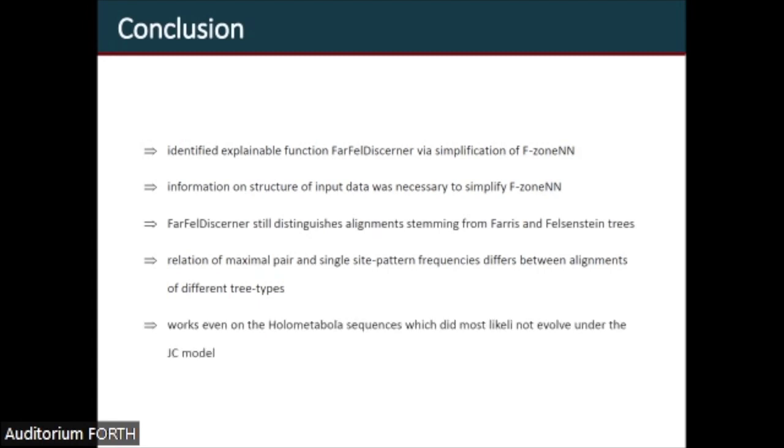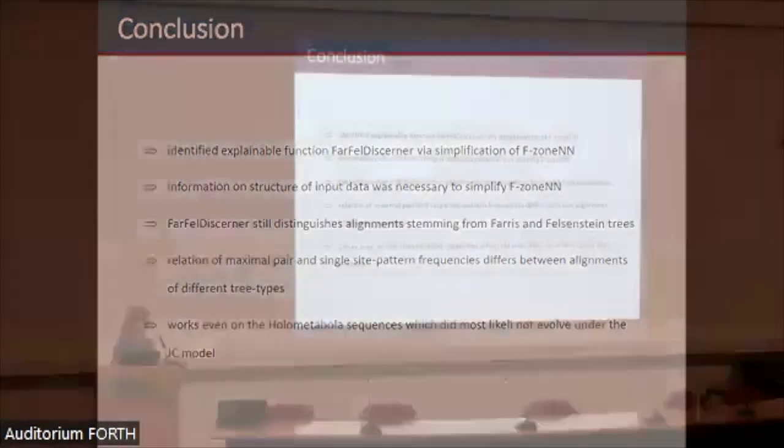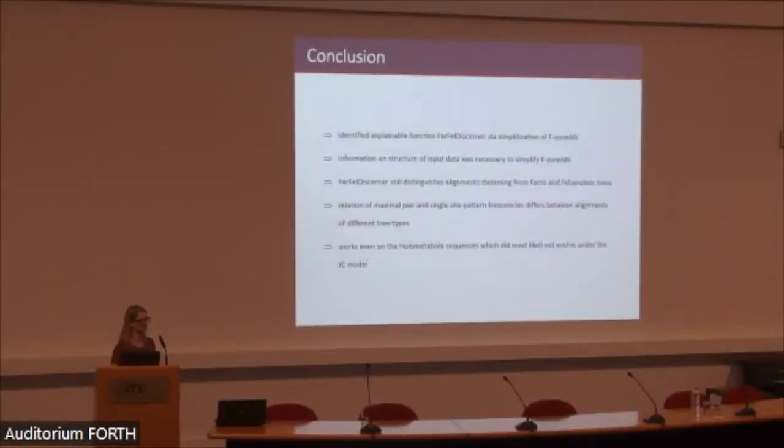And even better, as it also works fine on the holometabola sequences, it seems like this relationship between maximal pair and single side pattern frequencies, which is different for Ferris and Felsenstein trees, doesn't only hold for Jukes-Cantor data, but is more general.